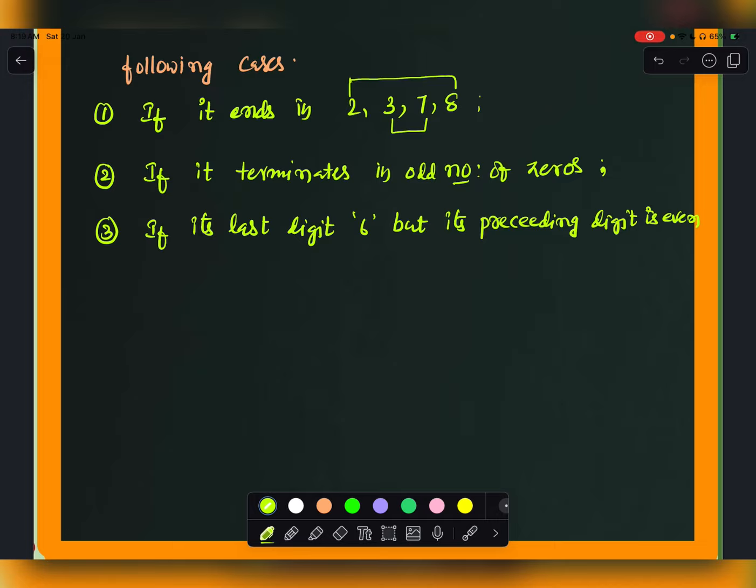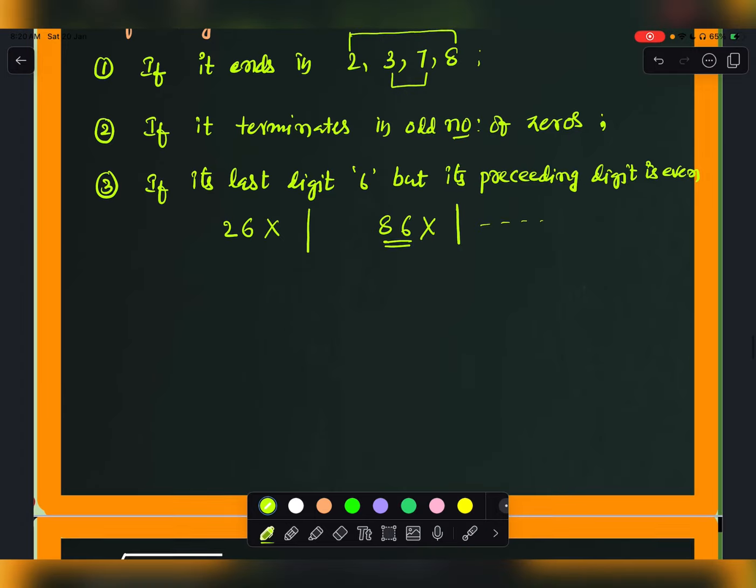Suppose I'm taking 26, 26 cannot be a perfect square. One number is ending with 6 and its preceding digit is an even number, so this cannot be a perfect square. Suppose I'm taking 86. If a number ends with 86, it cannot be a perfect square. So this is the meaning of it.